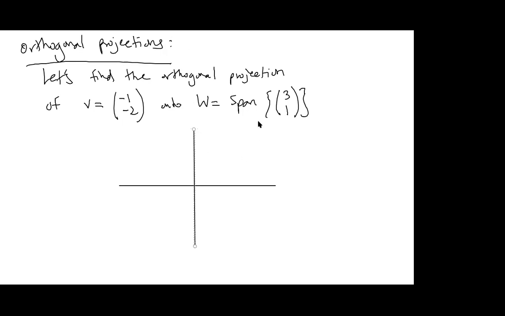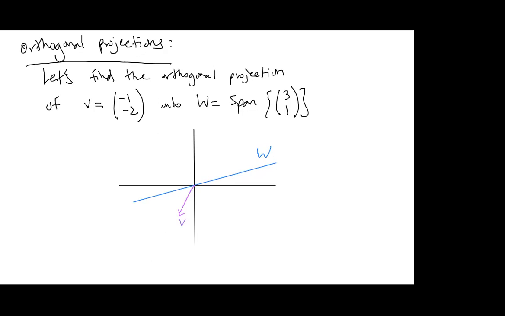Our space is 3, 1, so something like this is a line. This is our W. And our vector is -1, -2. Here's V. And we want to project this onto W.